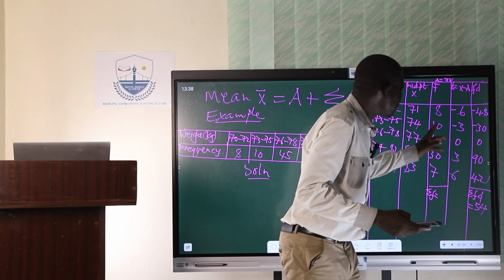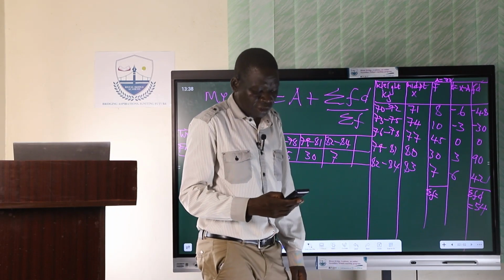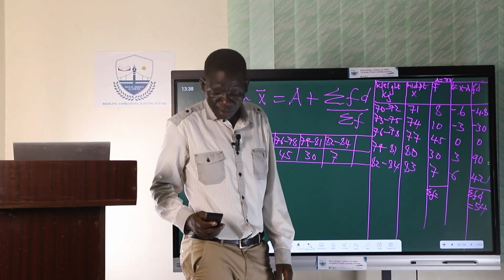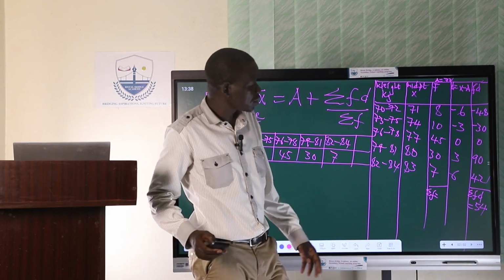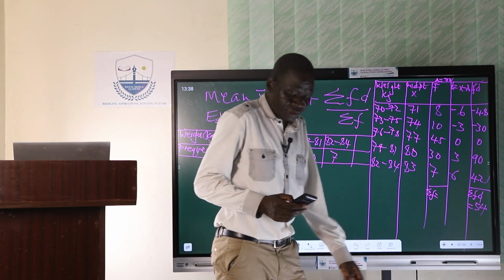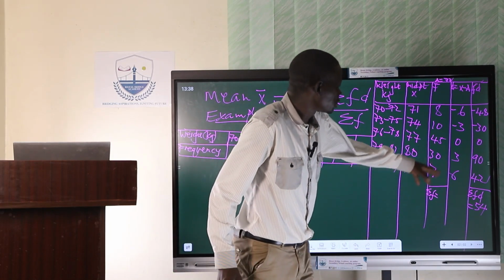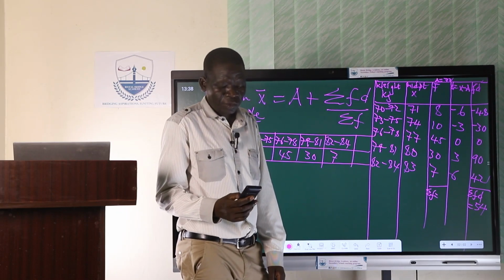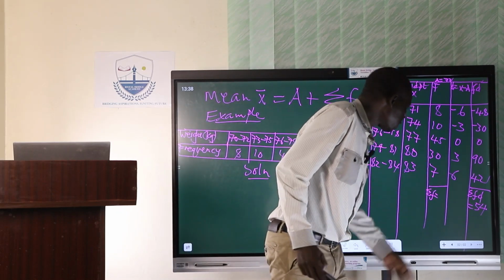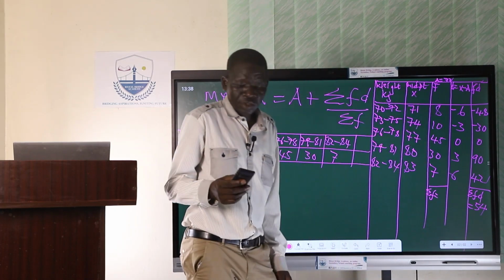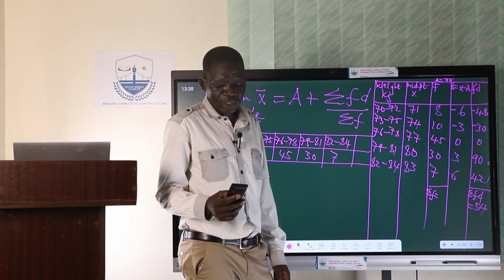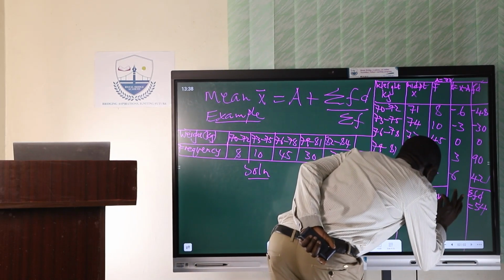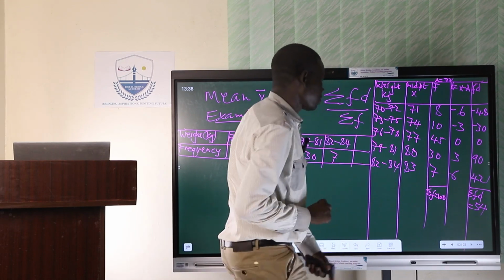Then 18 plus 45, we get 63. And 63 plus 30, we get 93. 93 plus 7, we get 100. So summation F is equal to 100.